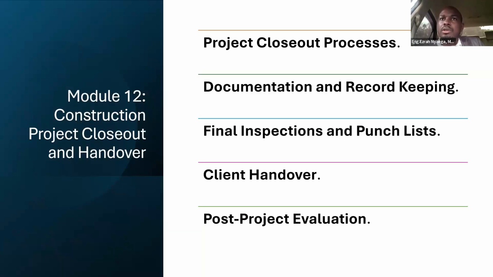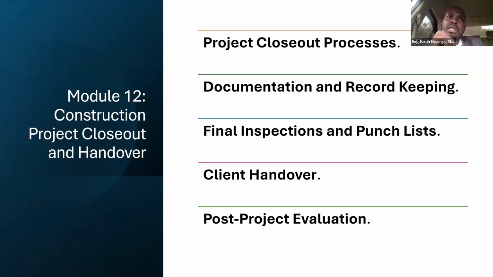And of course, you need to put measures in place for other aspects that may occur. So we will look at the project closeout process, documentation and record keeping, final inspection and punch lists, client handover, and post-project evaluation. And why are we doing post-project evaluation? To see if it is delivering the benefits and values.